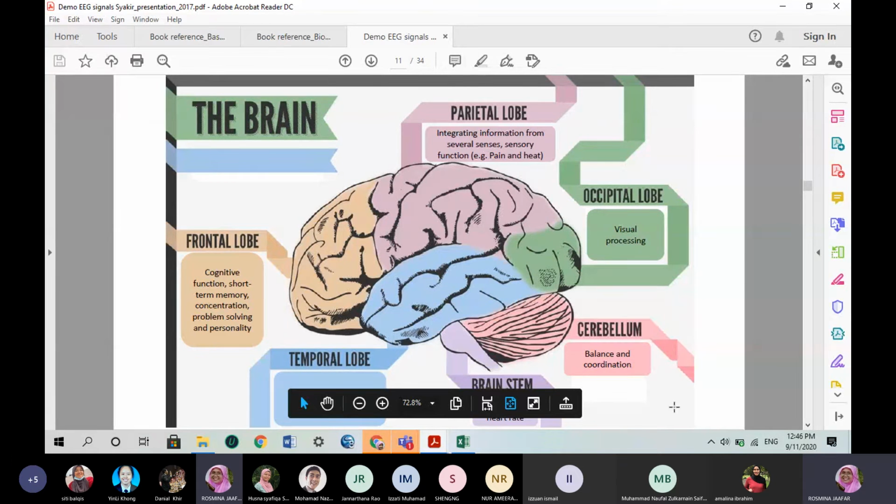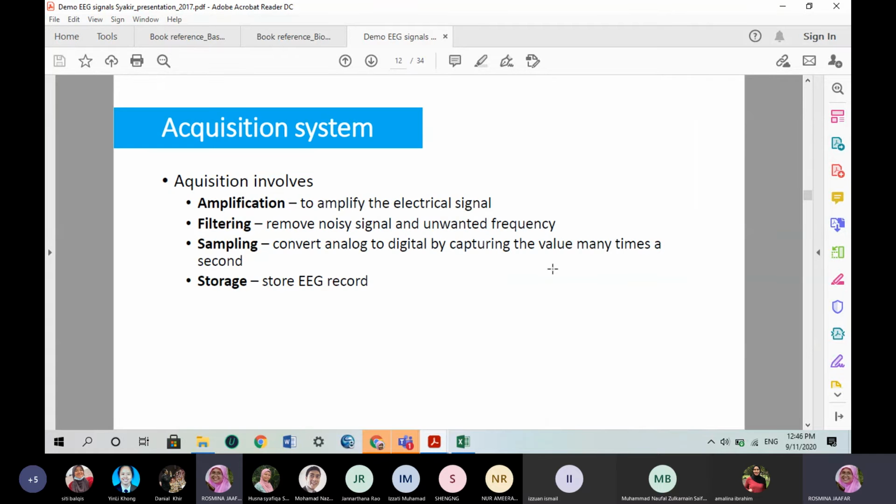It's not involved in EEG because you are taking the signal from the cerebral region only. Okay. The acquisition system of EEG must have amplification because the amplitude of the signal is very small. You need to amplify it.